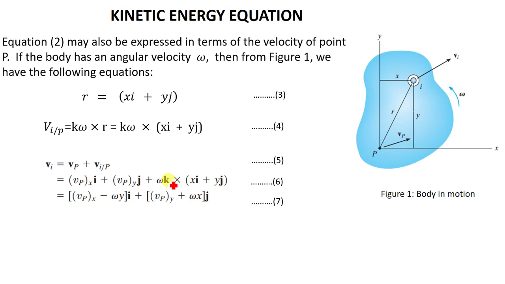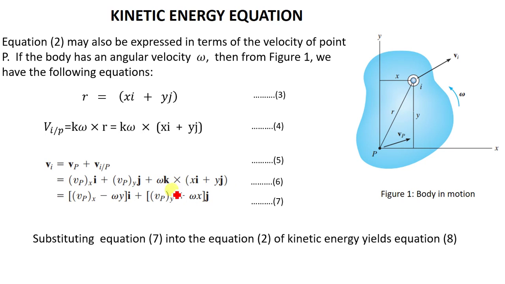When you multiply k times j, you get i. So when you simplify by getting the cross product of this times that, you simply have to put the i's together and the j's together. Then you find your answer.